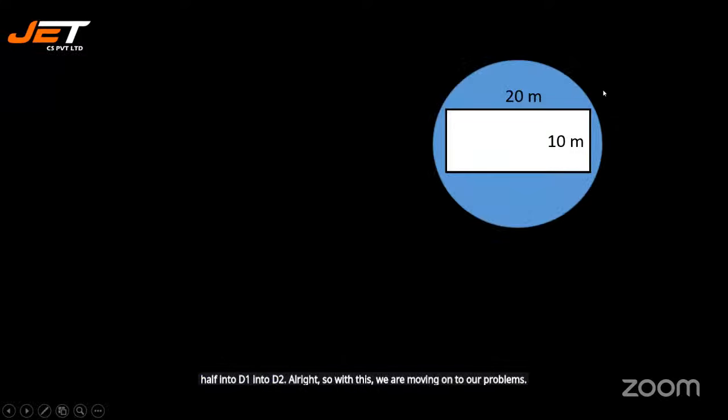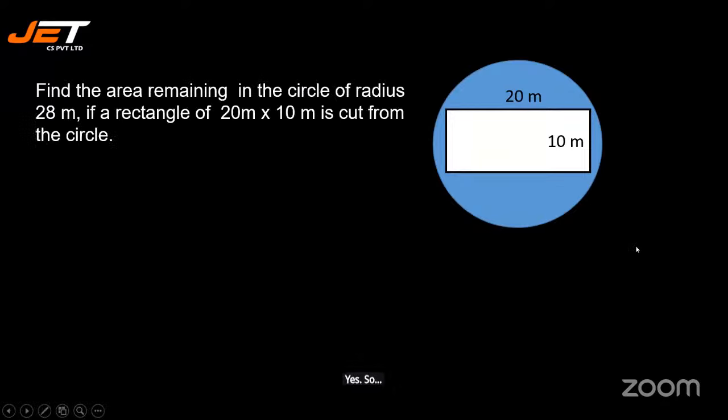Let me push this down, otherwise it's very difficult. The question says, find the area remaining in the circle of radius 28 meter if a rectangle of 20 meter into 10 meter is cut from the circle.